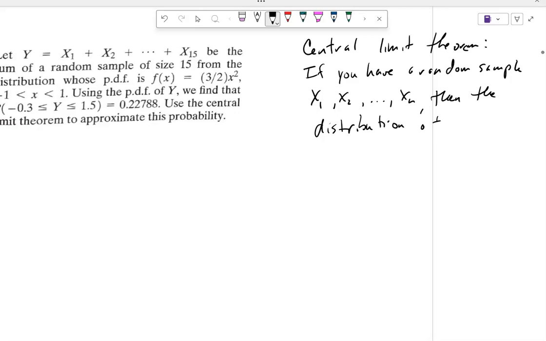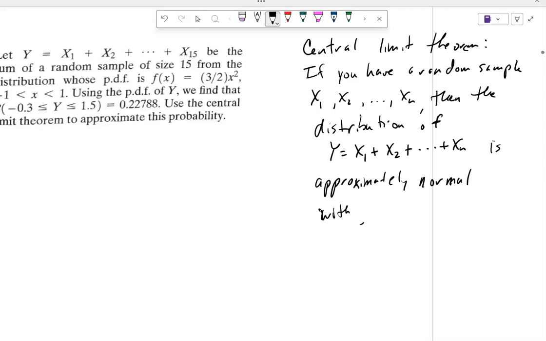of, here's what we're going to do, the sum of the random variables is approximately normal with mean being n times the mean and the variance being n times the variance.